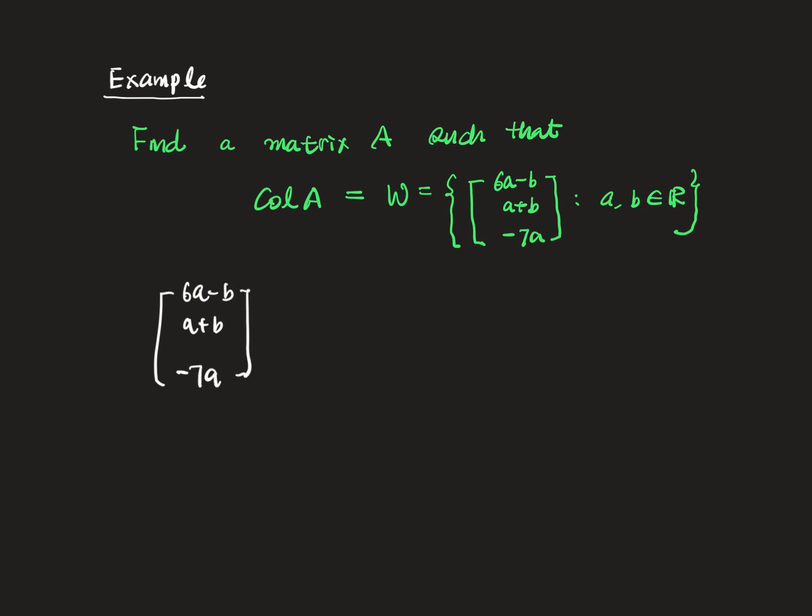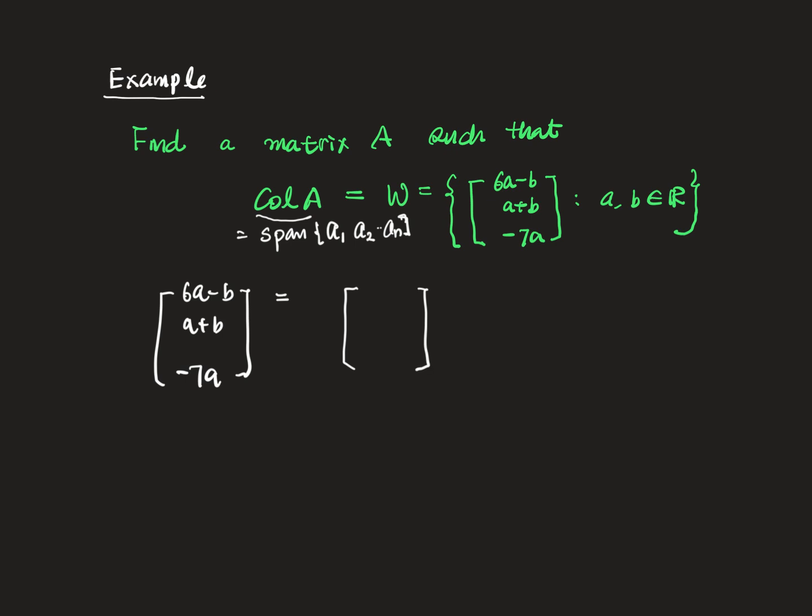So before we start, the definition of this one is the span, a linear combination of column 1, column 2, and we're going to figure it out. So this one is a linear combination of column vectors. How can we figure it out, guys?